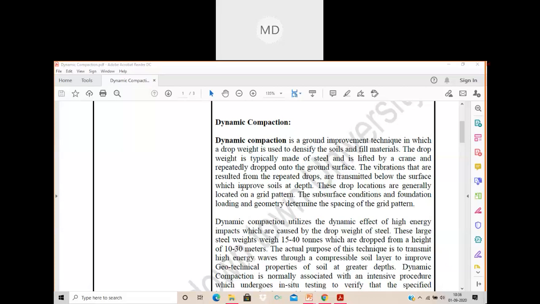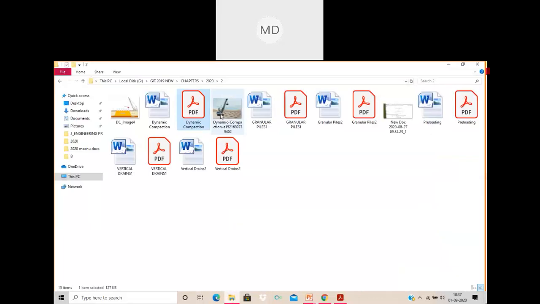This process of dropping the weight onto the ground is done in a grid pattern, and the spacing of the grid pattern depends on the geometry of the structure, foundation condition, and subsurface conditions also. Let us see an image, it will be clearer.